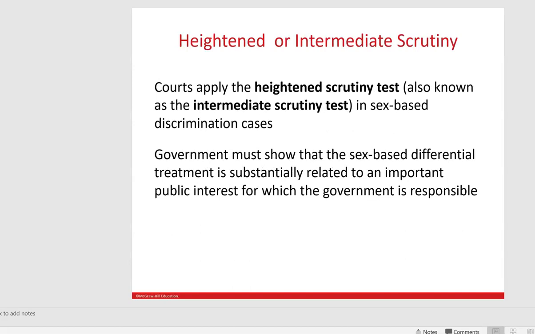Heightened scrutiny is typically used in sex-based discrimination cases. Government must show that sex-based differential treatment is substantially related to an important public interest for which the government is responsible.